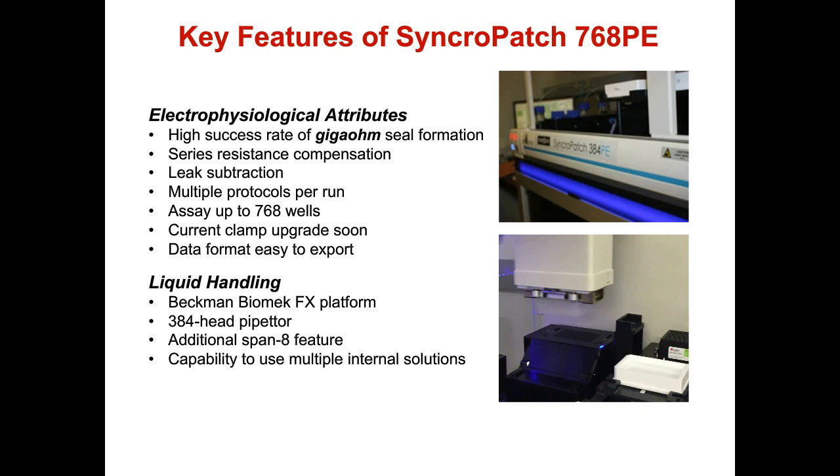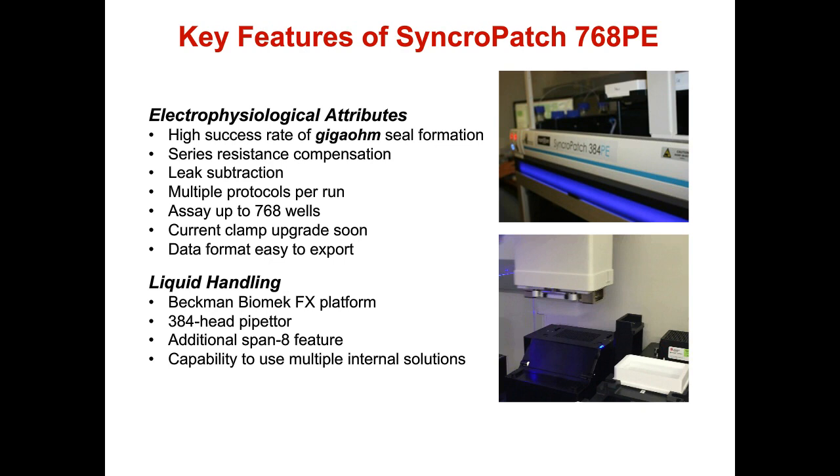There are several other features listed here. We were attracted by the ability to have two 384-well plates simultaneously running. There is also an opportunity in the near future to have current clamp in addition to voltage clamp recording. And the fact that this was integrated into a liquid handling robot, which I think is an industry standard, was also very attractive to us.